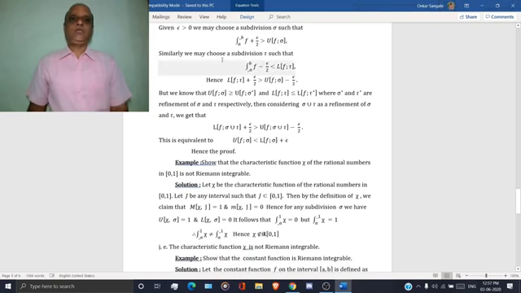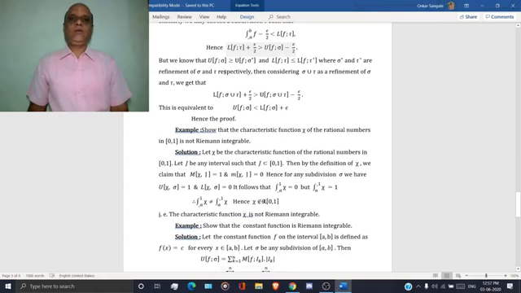Similarly, we choose again a subdivision tau such that the lower integral a to b f minus epsilon by 2 is less than the lower sum for f corresponding to subdivision tau.